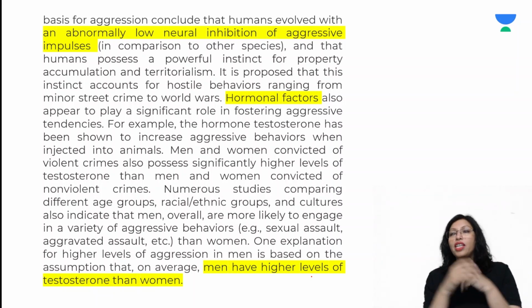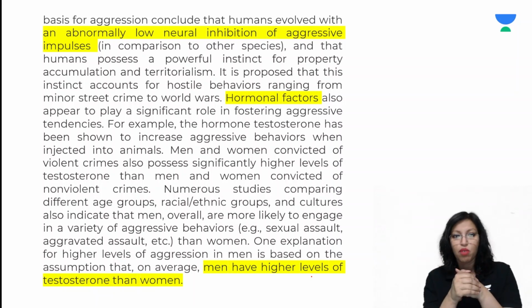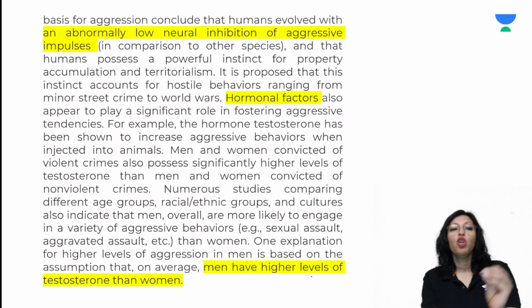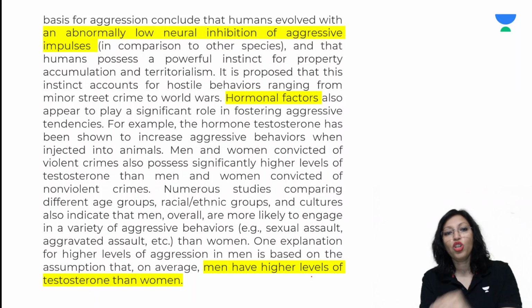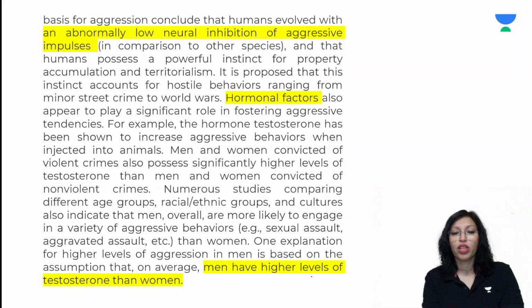So there are some nerves or some part of your nervous system that stops you from performing aggressive behavior, but some humans have an abnormally low neural inhibition. That means their mind does not stop them from aggressive behavior in comparison to other species.